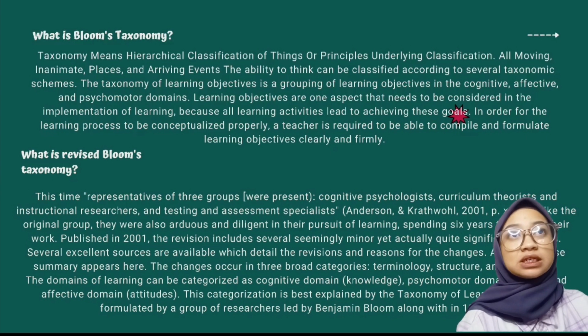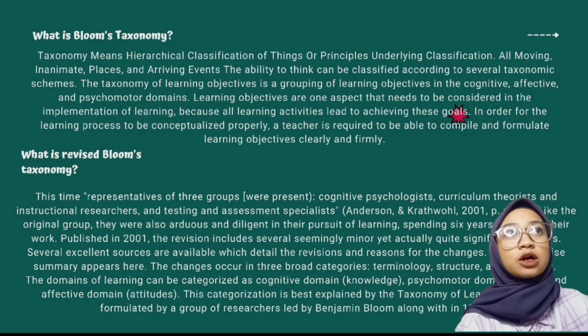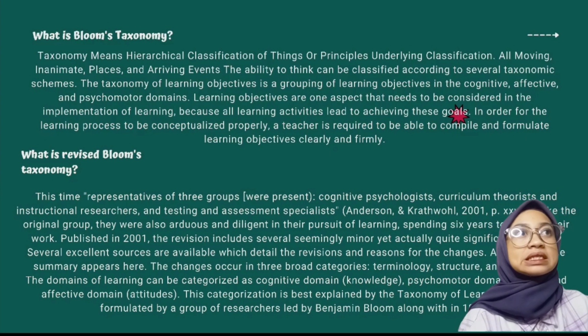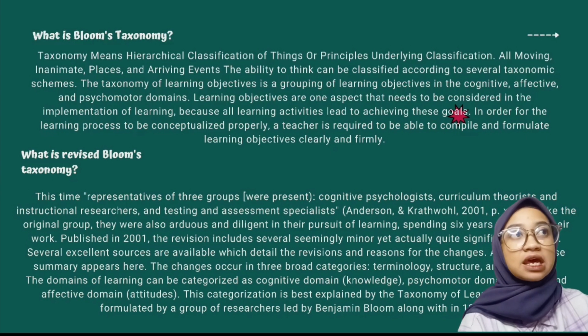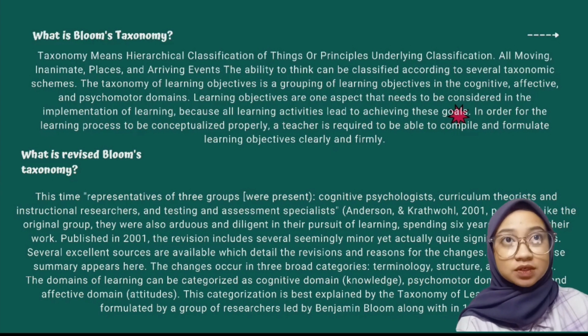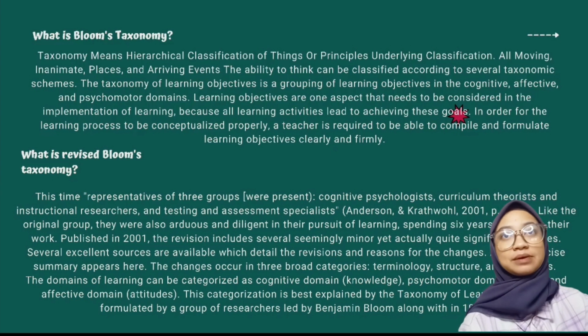The revision includes several seemingly minor yet actually quite significant changes. Several excellent resources are available which detail the revisions and reasons for the changes. The changes occur in 3 broad categories, that is terminology, structure, and emphasis.